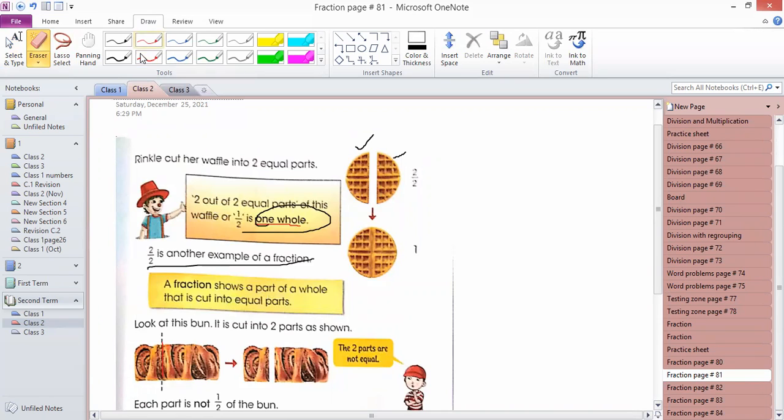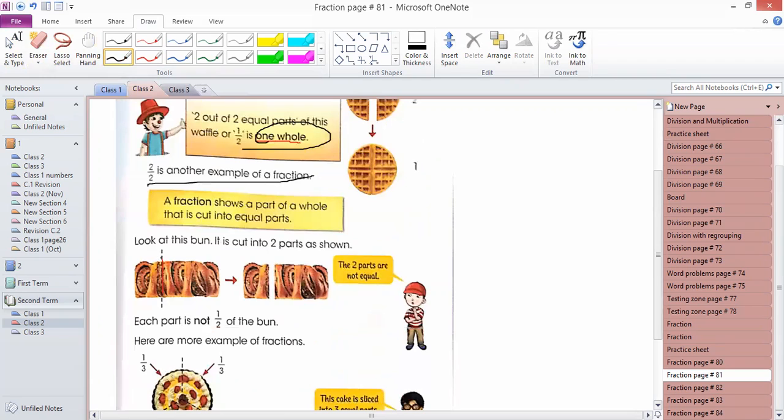Okay. Now look at this bun. It is cut from here. Tell me, is it equally divided? Yes. Look at this bun, guys, and tell me, is this bun equally divided into two parts?